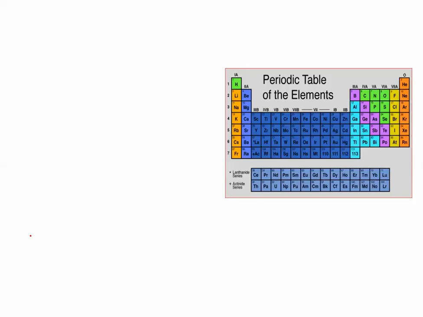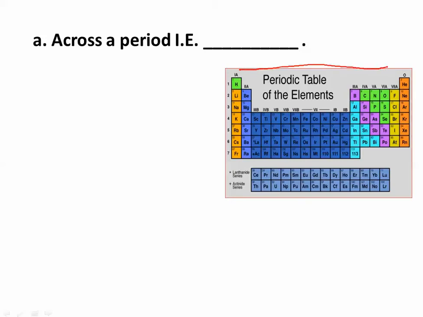So let's take a look at this. There's our periodic table. Across a period, meaning from left to right, let's think about ionization energy. What happens to the force of attraction as you go across a period? You get an increase in protons, and you have the same number of energy levels across a period.